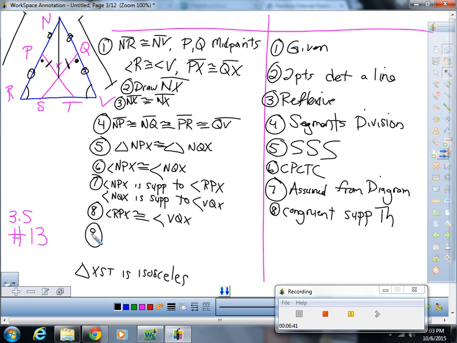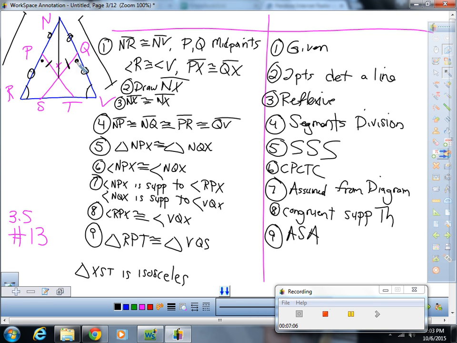Okay. Now I can say that triangle RPT is congruent to triangle VQS, and it's going to be angle, side, angle.